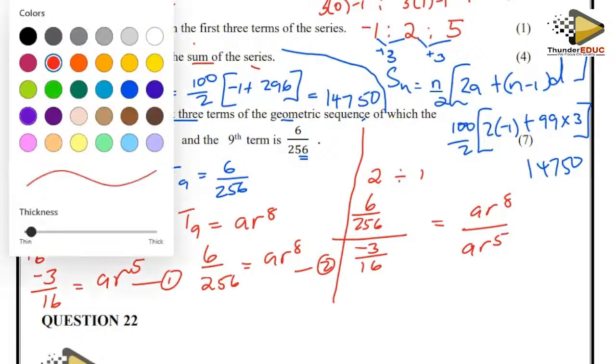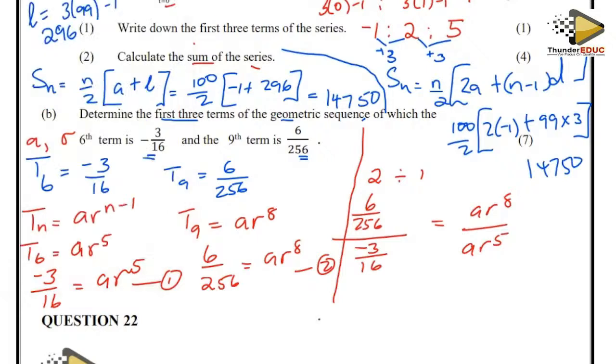So as we can see, I'm trying to get the value of R first. So this A will cancel with that A. Then when I look at this, I have 6 over 256, but I'm dividing it by negative 3 over 16. You can quickly use your calculator in this case if you feel it's going to confuse you.